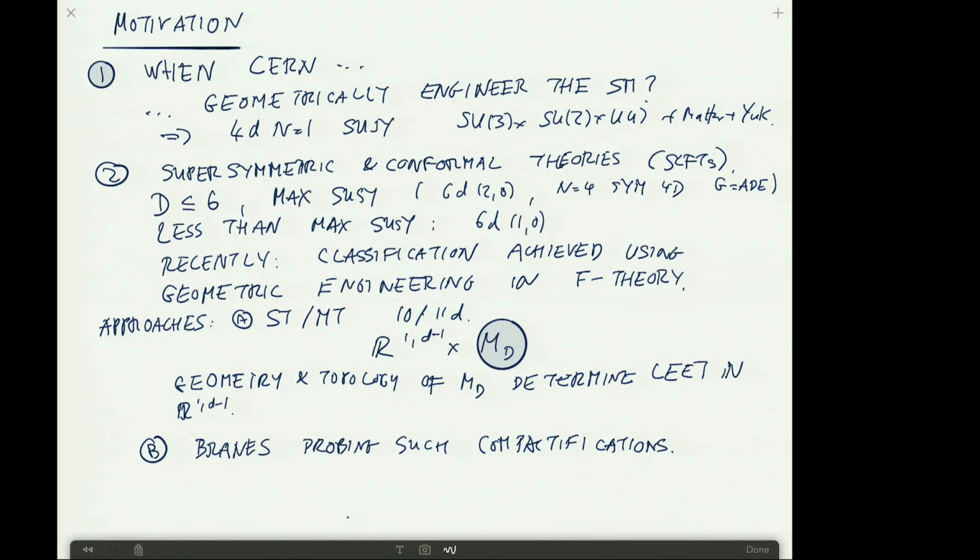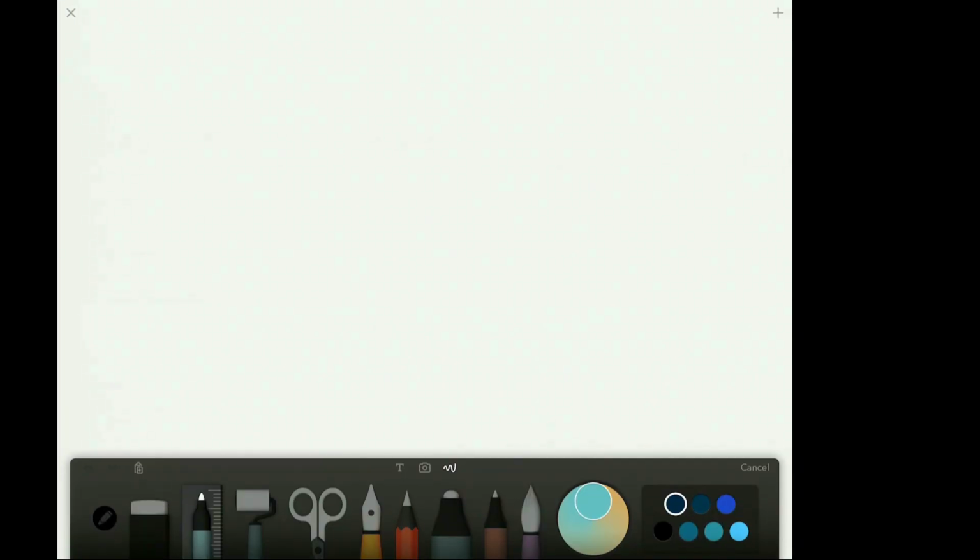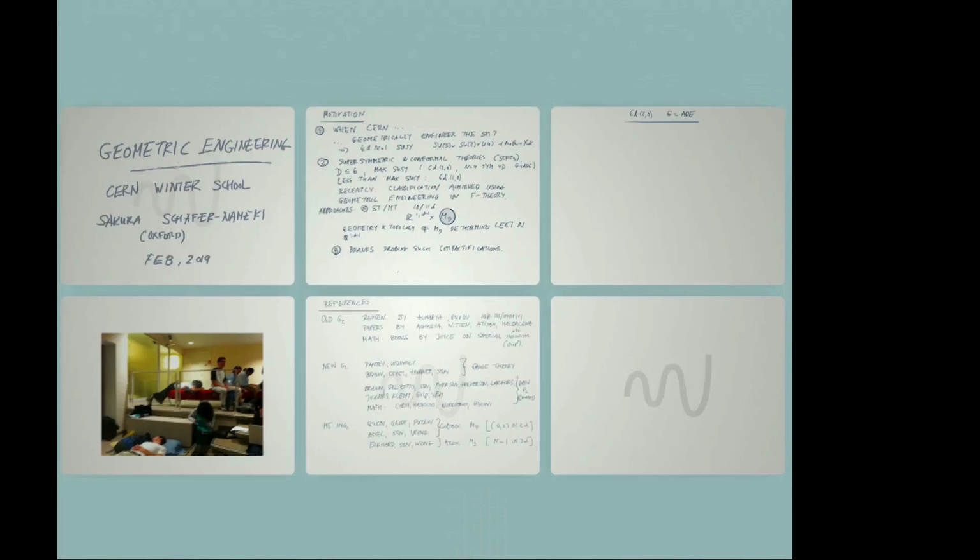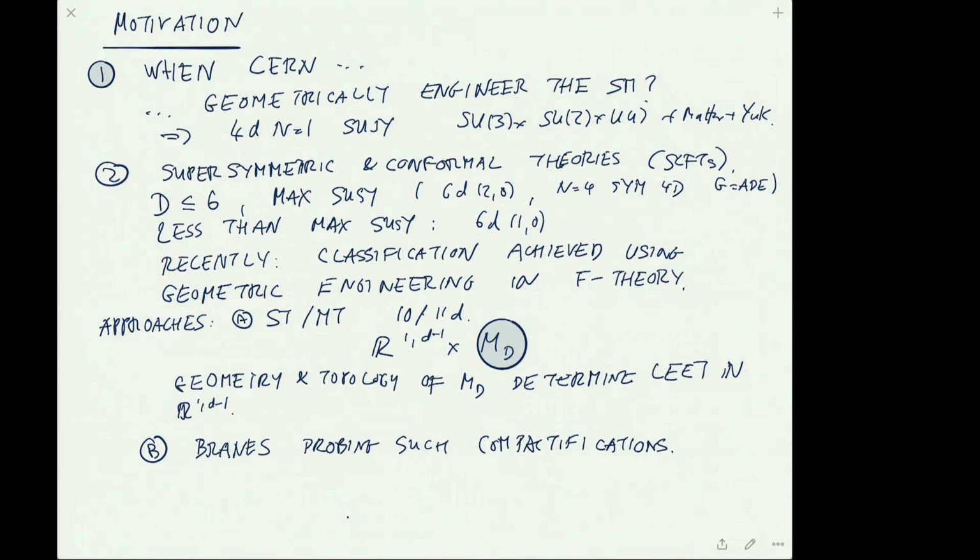Okay, so let me give you an example, and this is the example that will really come up all the time, so I would like to spend a little bit of time on it. It's a well-known example, the 6-dimensional (2,0) theory with some gauge group G equal to ADE. Right, so we said there are two approaches. One is compactify and get this theory. The other one is take some branes, probe, and get this theory.